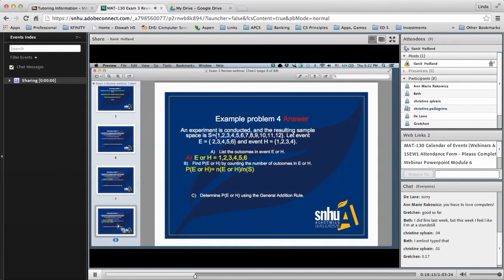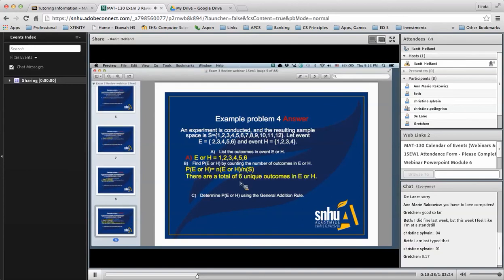So just by that, we can use this little formula here: the probability of being in E or H is the number of outcomes in E or H divided by N of S, the number of outcomes in the entire sample space.